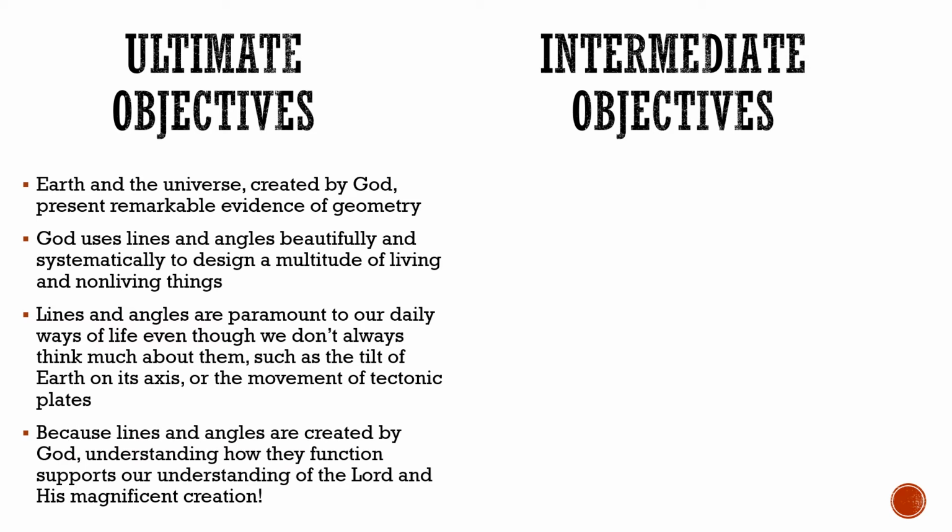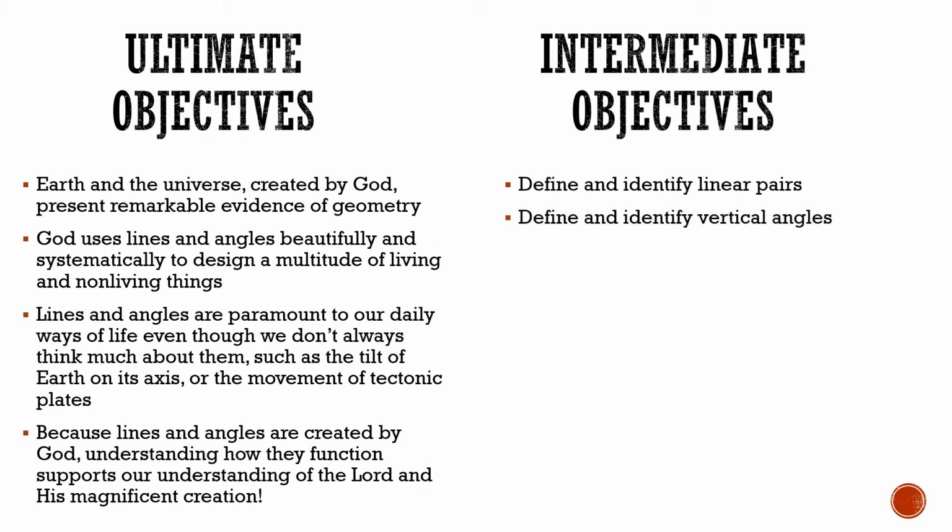And of course, we want to continue to study our lines and angles and learn what we can about them, because the more we learn about the world around us, the more we're really learning about our Creator, and he's kind of a big deal. So we also want to talk about intermediate objectives specific to lesson 6, and those are to define and identify linear pairs and vertical angles, and then we're going to explore some properties and theorems of linear pairs and vertical angles.